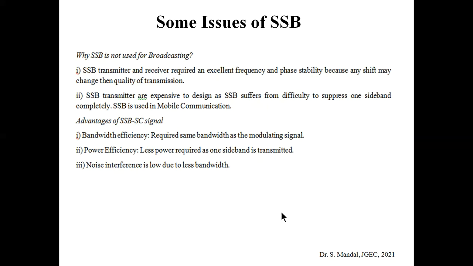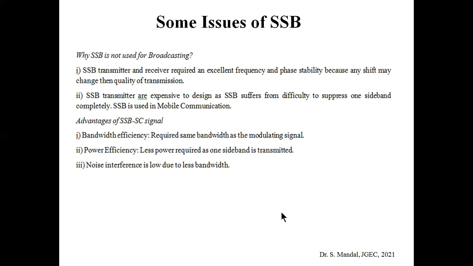It is very difficult to design a very stable phase and frequency property of a filter or phase shifter at high frequency. So we are not using SSB.